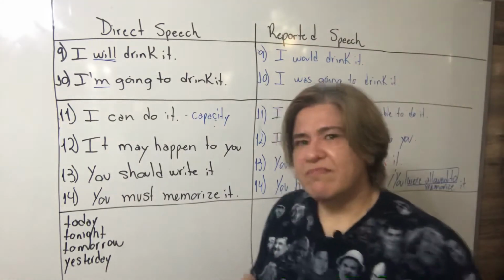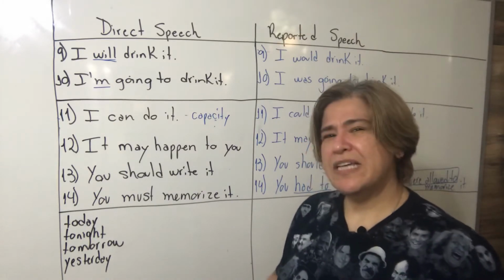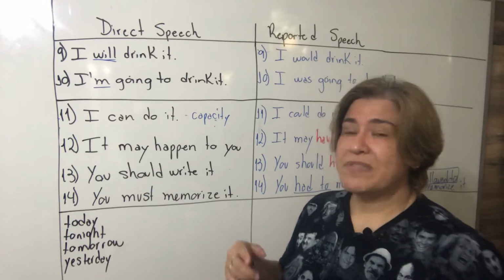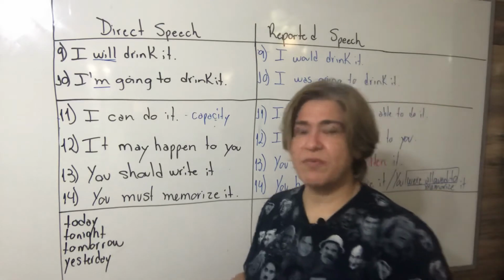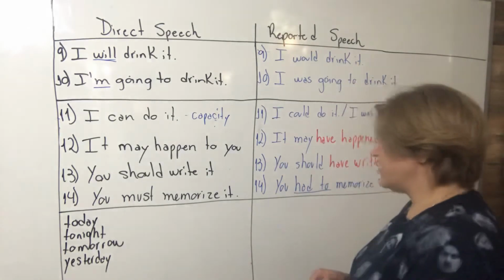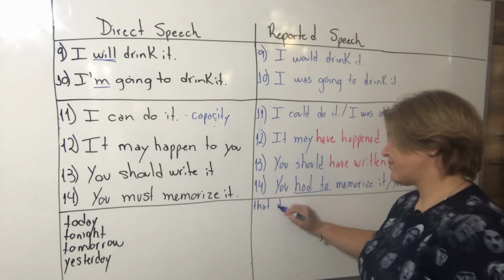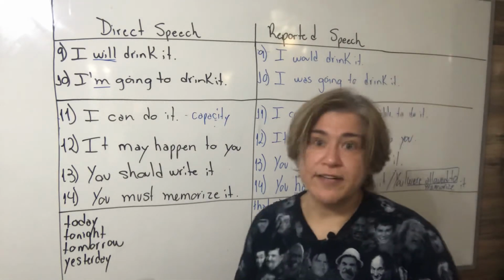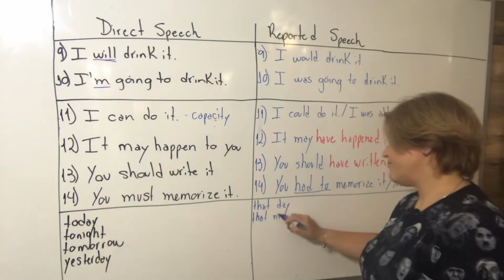Now, just a curiosity I have here. If a sentence comes with today, and I'm reporting this sentence 1 year later, so it's not today anymore. Any idea how I can put today in past? Quite easy, students. Today, that day. Okay, that represents the past, it's pretty easy. Tonight, that night.